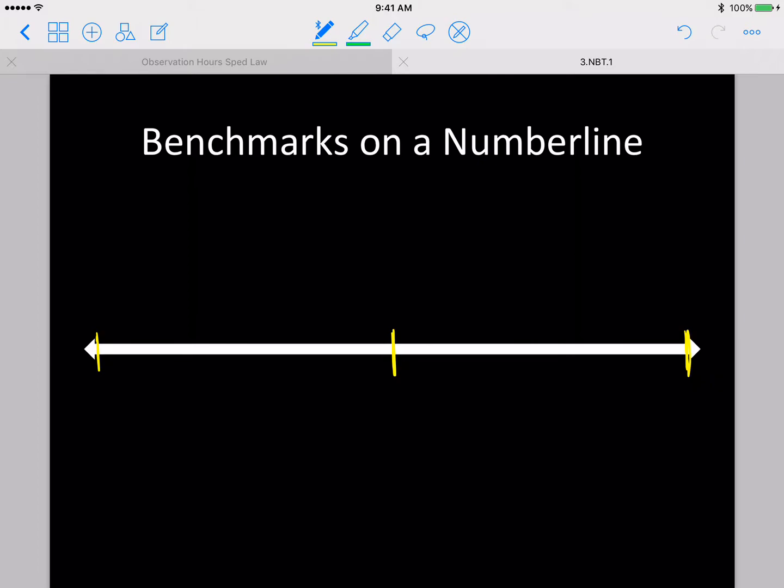So let's say we're going to round the number 28 to the nearest 10. First step, we have to find the 10 below 28 and the 10 above 28.